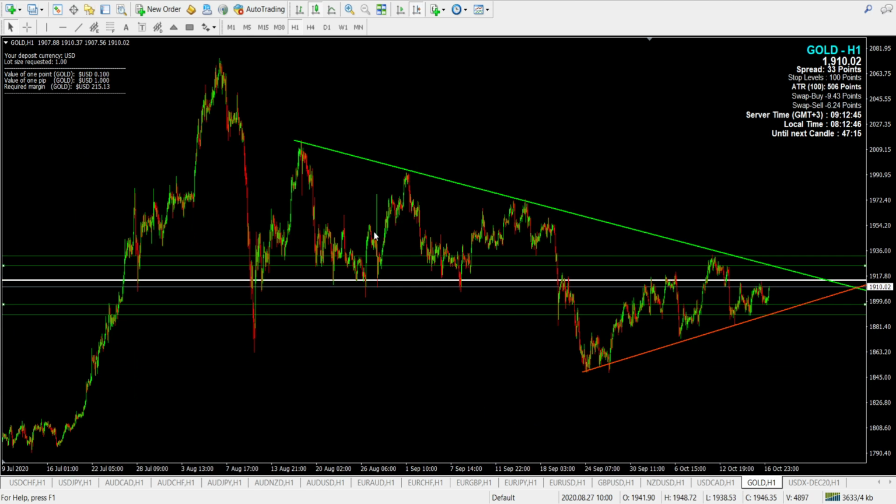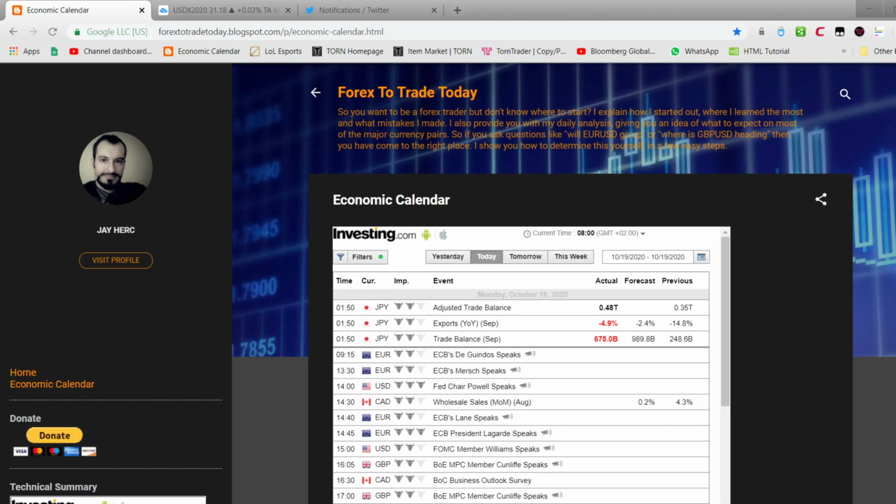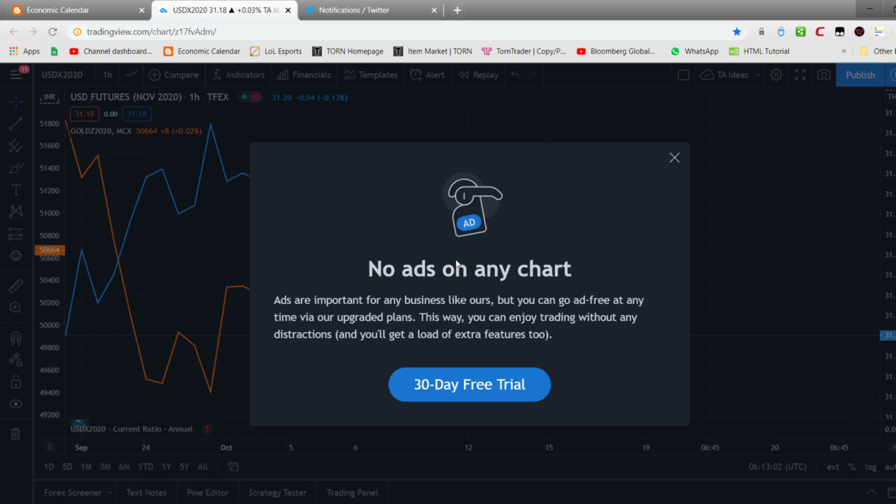Now, what we would use to determine what gold is going to do is the thing it's most correlated to. So if I turn back to this, I'll show you this chart quickly. Let's just get rid of these ads.